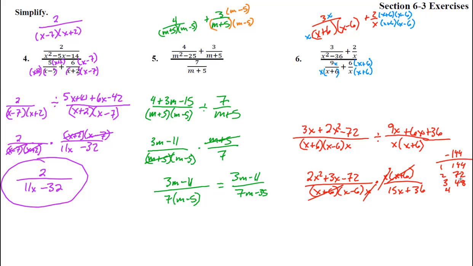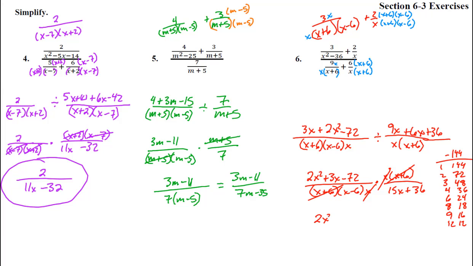Then 4 and 36. 5 doesn't. 6 goes into it 24 times. 8 goes into it 18 times. 9 goes into it 16 times. 12 goes into it 12 times. Does anything give us a positive 3 when one of them is positive and negative? This would subtract to 7. That would subtract to 0. So this does not. This is prime.